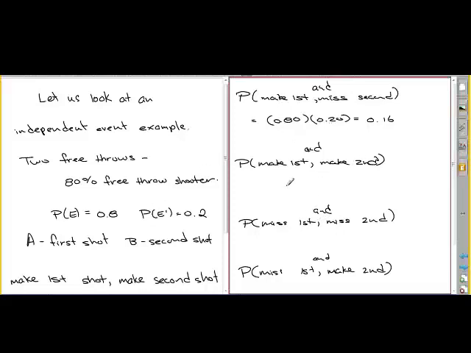So 16% of the time you're going to make the first and miss the second. Now to make the first and make the second, the probability of making the first is 0.8. The probability of making the second is 0.8. So the probability is 0.64. So 64% of the time, this guy's going to make both free throws.